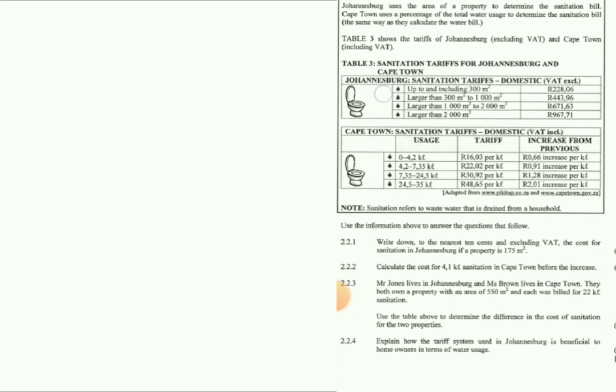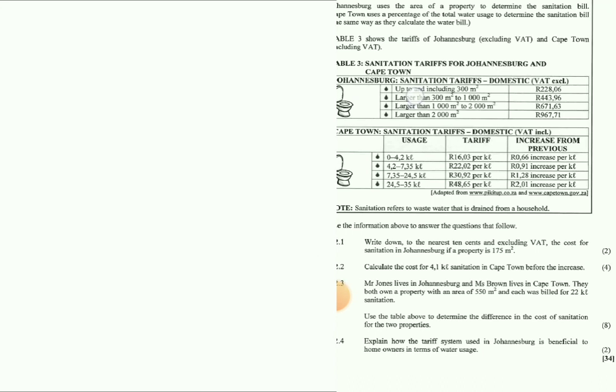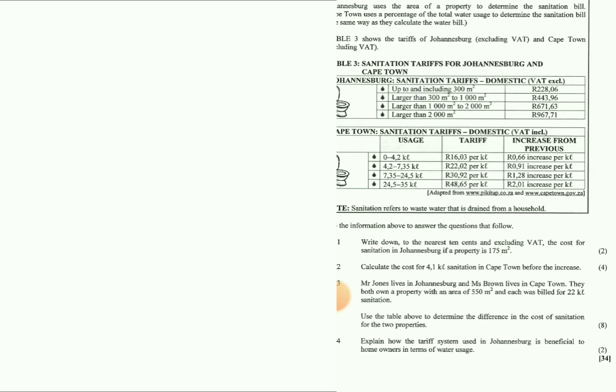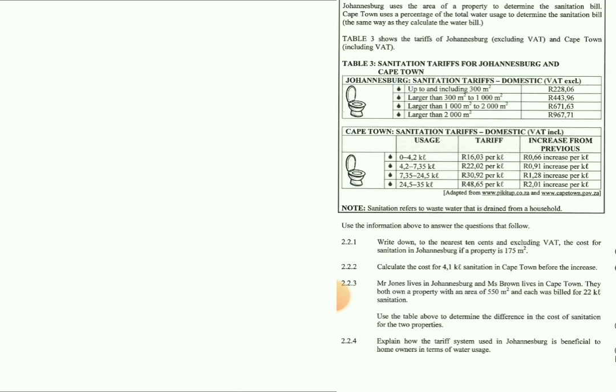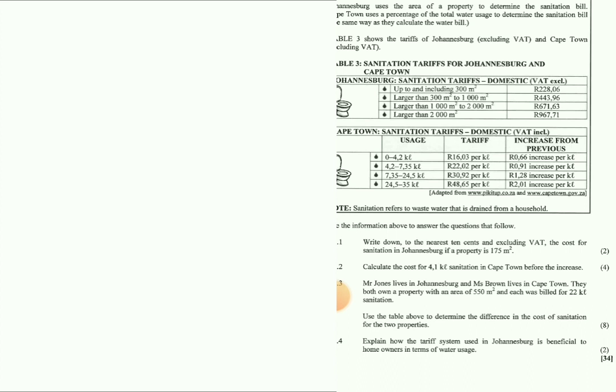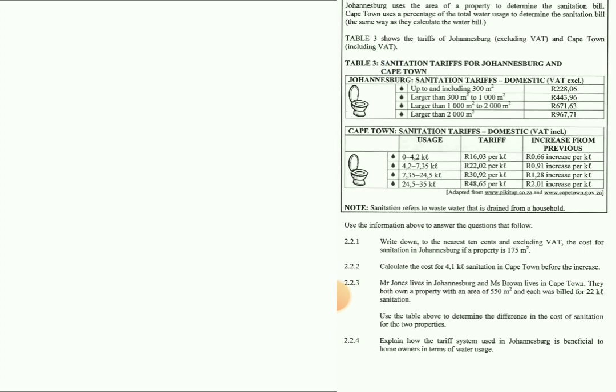2.2.1, write down to the nearest 10 cents, excluding VAT, the cost for sanitization in Johannesburg if the property is 175 m², which is 175 m2. Write down the nearest 10 cents, guys.